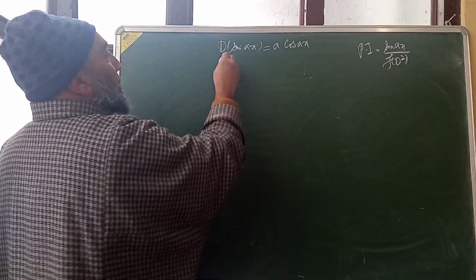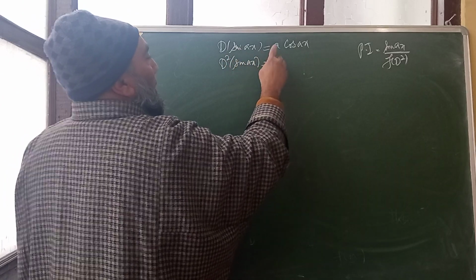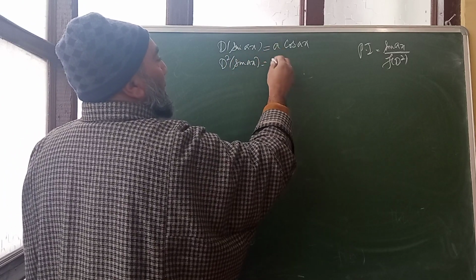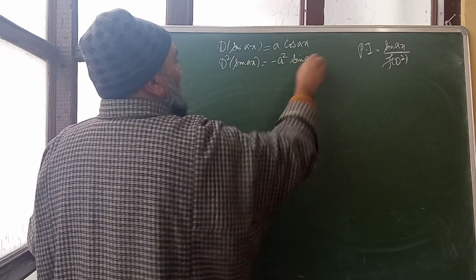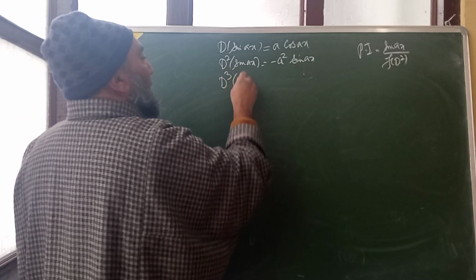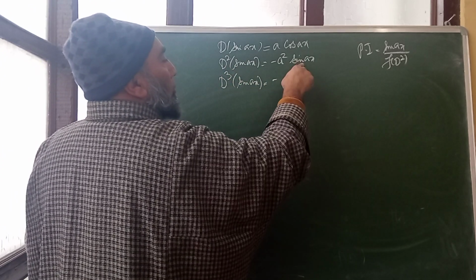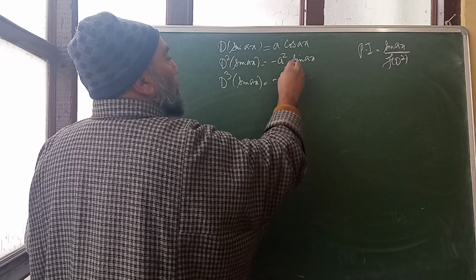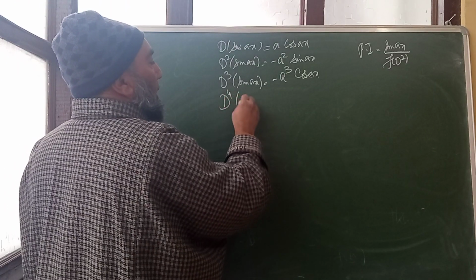Fine. What is D square of sine of ax? It is a cos, whose derivative means minus sine, so minus a square sine of ax. What is D cube of sine of ax? It is minus, derivative of sine is cos, a cube cos of ax. What is D4 of sine of ax?